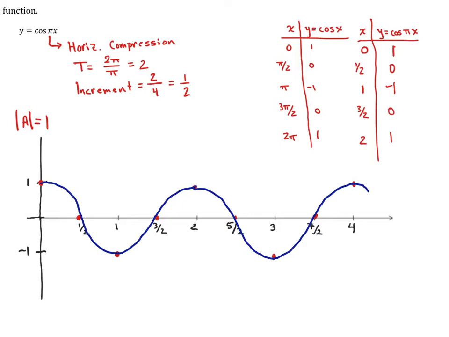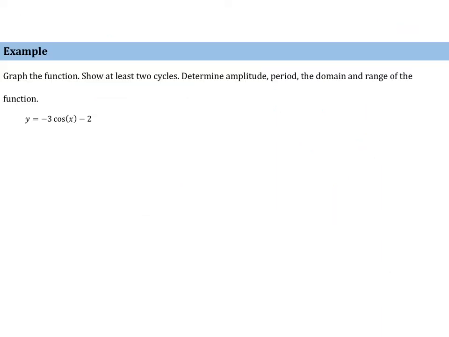Then we go past where we end on both ends to make sure that we know that this continues forever in either direction. And so therefore the domain of this function is -infinity to infinity, and the range is -1 to 1. So we've said the period, we've said the amplitude, we've said the domain, we've said the range, and we have graphed.